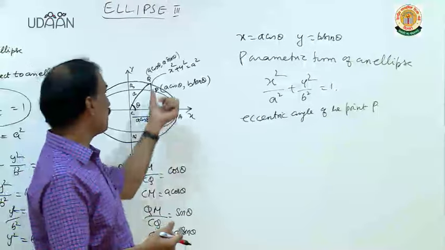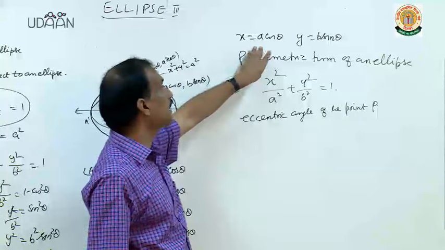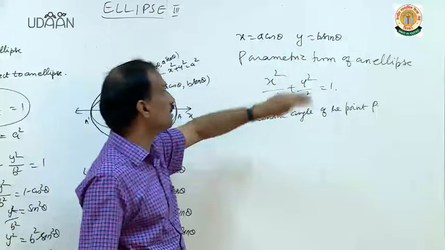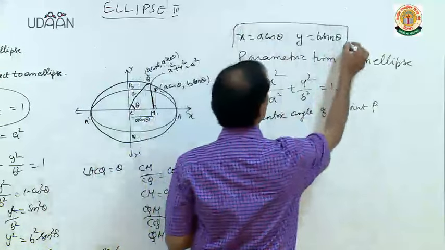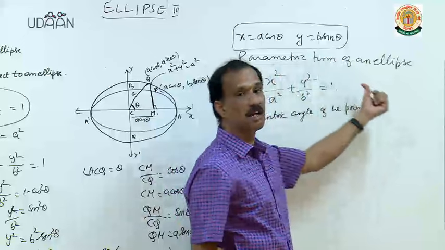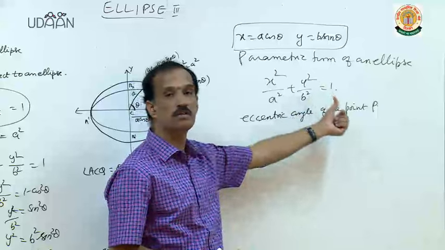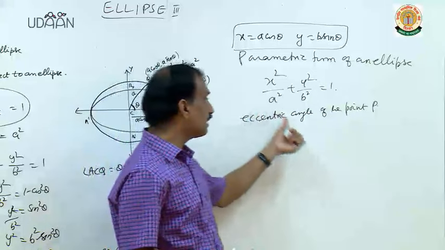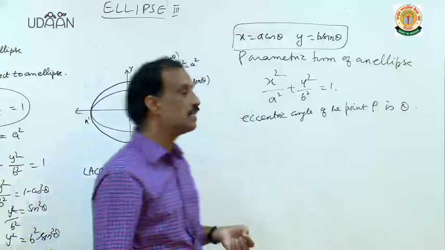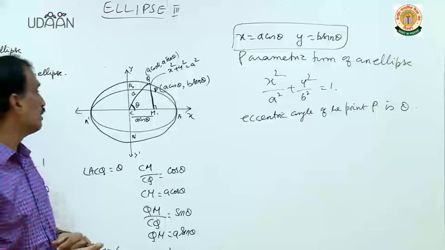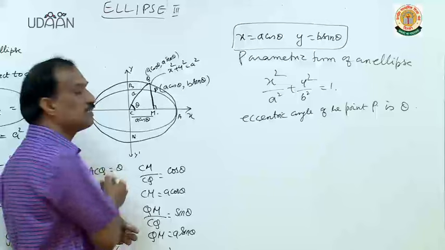Here the point P has the eccentric angle theta, and its coordinates are x equal to a cos theta, y equal to b sin theta. If you represent with the parameter theta, that is called the parametric form of an ellipse. So the eccentric angle of the point P is theta. Now here you cannot say that angle ACP is theta.